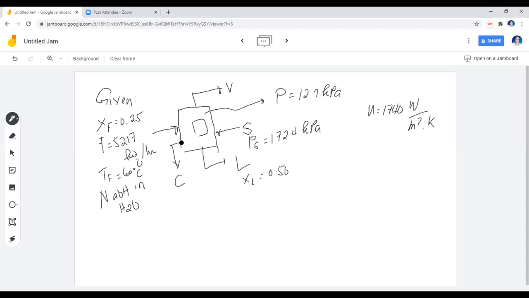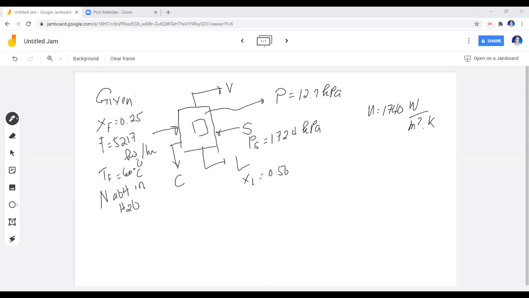Okay. Since this is the slide that I am sharing, I'd like you to go over what I have written in terms of the given information as I read the problem again, just in case I have missed something. You're given an evaporator that is used to concentrate 5,217 kilogram per hour of a 25% solution of NaOH in water entering at 60 degrees Celsius to a product having 50% solids.